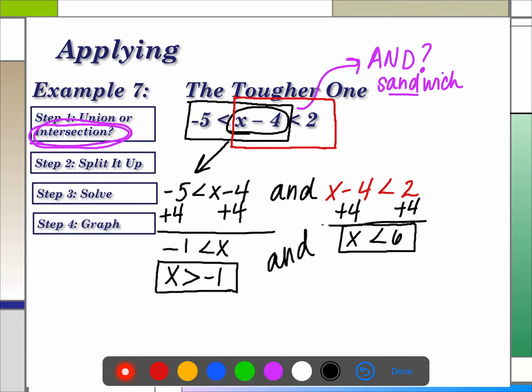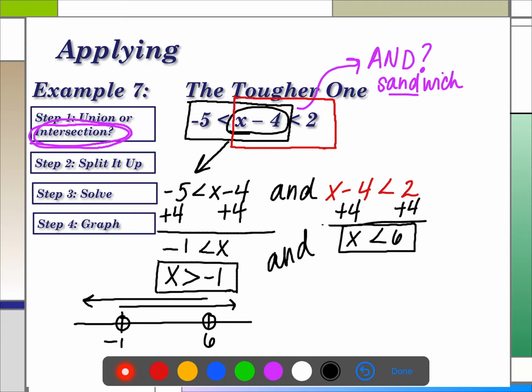Okay, and I have my two answers that I'm going to put on my number line. So I'm going to use -1 with an open circle and 6 with an open circle. So -1 is going to go to the right and 6 will go to the left.